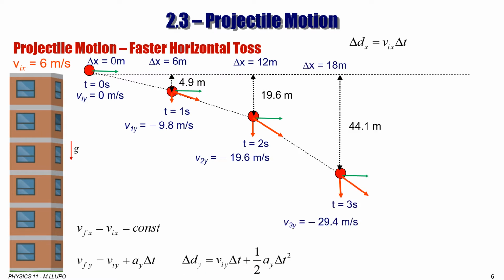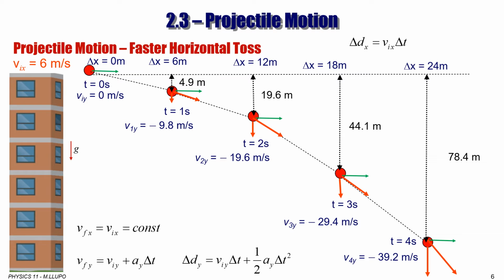And after 3 seconds, it's going to reach another 9.8 meters per second velocity down, and displacement is going to be 44.1 meters, while horizontally it's going to be exactly a constant motion, exactly the same change, another 6 meters horizontally.